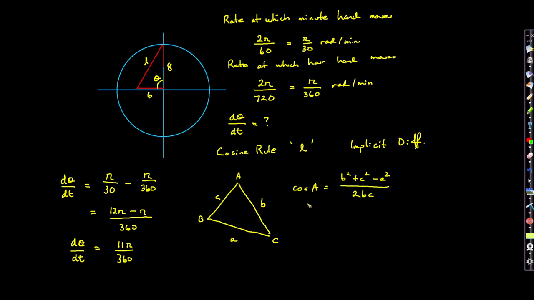You can also get the equivalent expression for the length of A by rearranging this formula and making A the subject. I'm actually going to use this one here, and because I want a length, I'll make that length the subject in a minute.